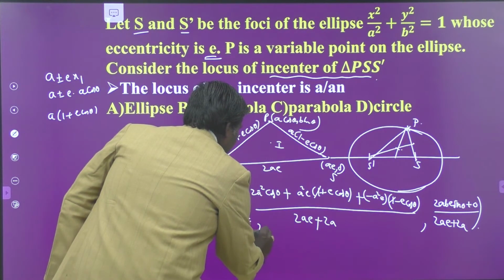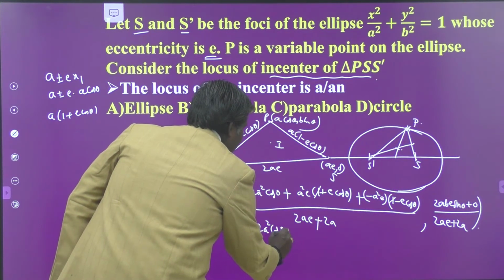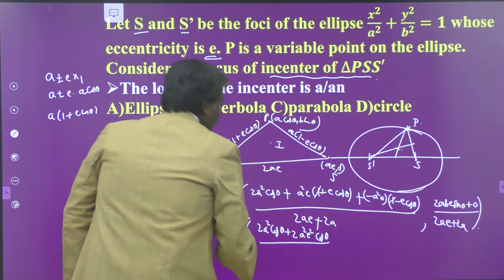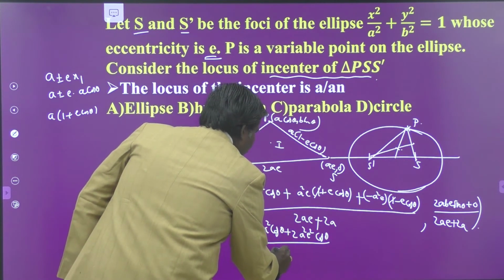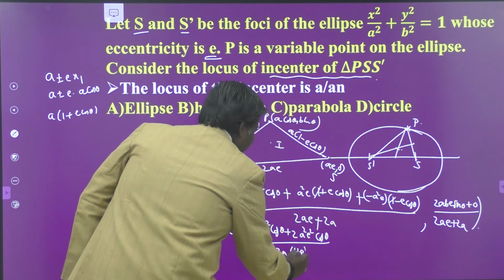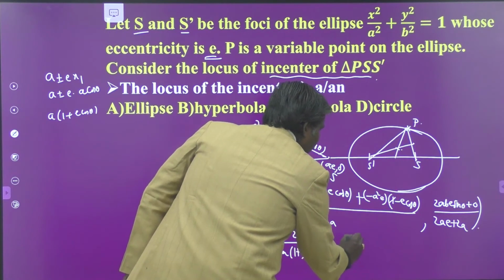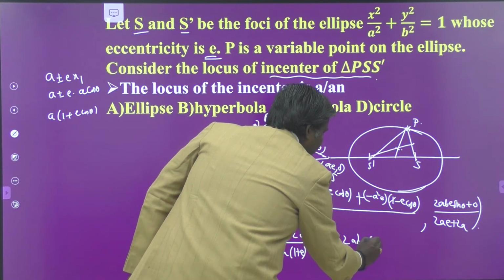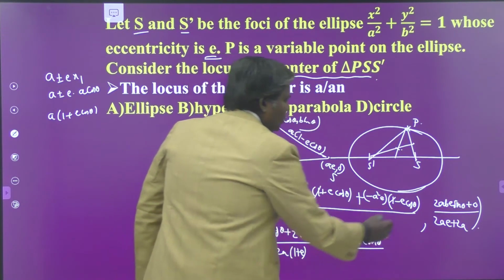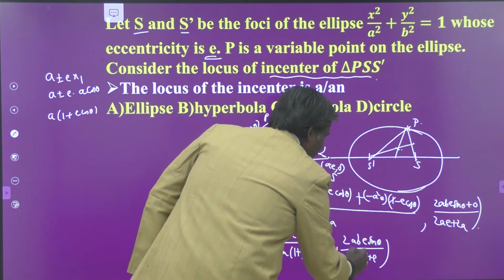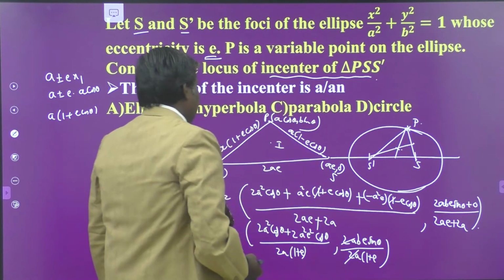So this is nothing but 2a square cos theta plus 2a square e square cos theta by 2a into 1 plus e, comma, 2ab e sin theta by 2a into 1 plus e. 2a gets cancelled here.